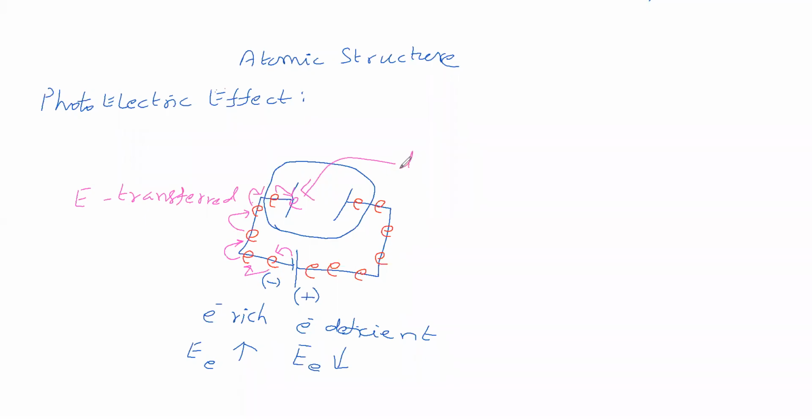So due to the negative pole of the battery, this plate is having electrons with higher energy. This is one possibility.